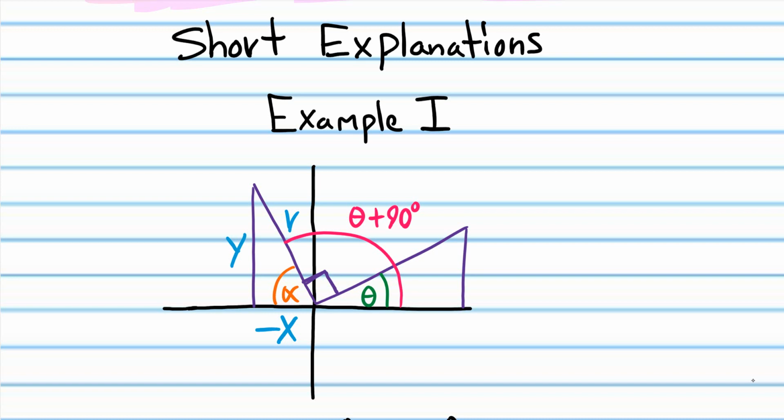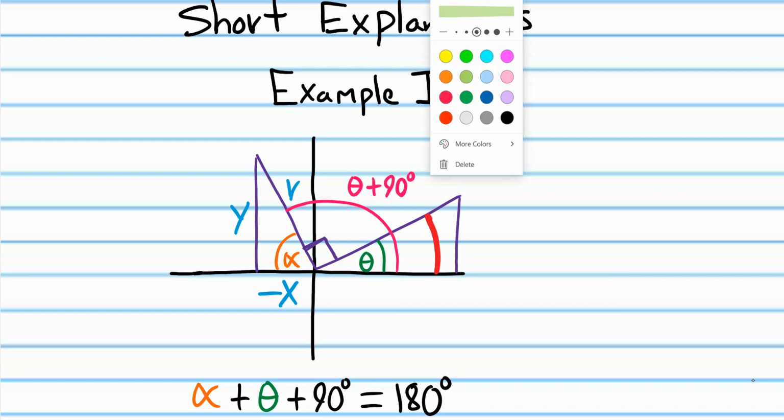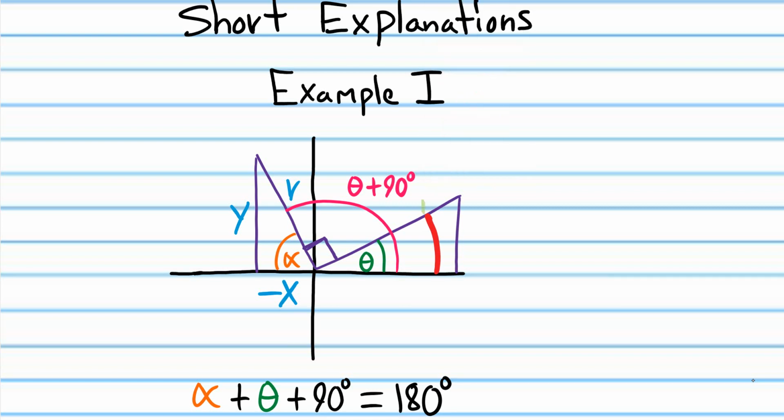Let's say that you rotate theta degrees, but then you rotate another 90 degrees. You see this 90-degree angle here? So we're going to rotate theta degrees, and then we're going to rotate another 90 degrees.